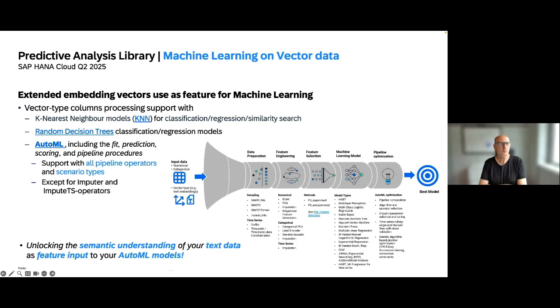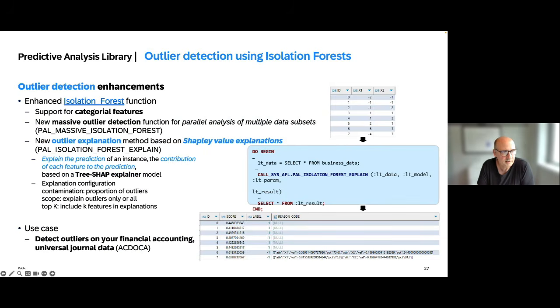So you'll see that also in a second in the actual demo. Then outlier detection with isolation forest is a trending function and capability which has been available for 1.5 years, I think, or more.